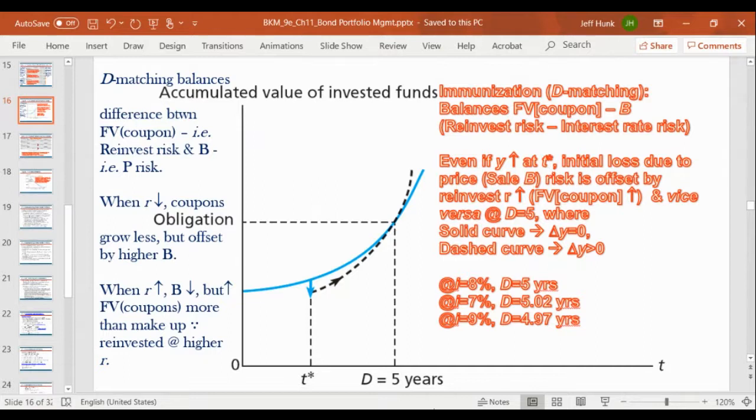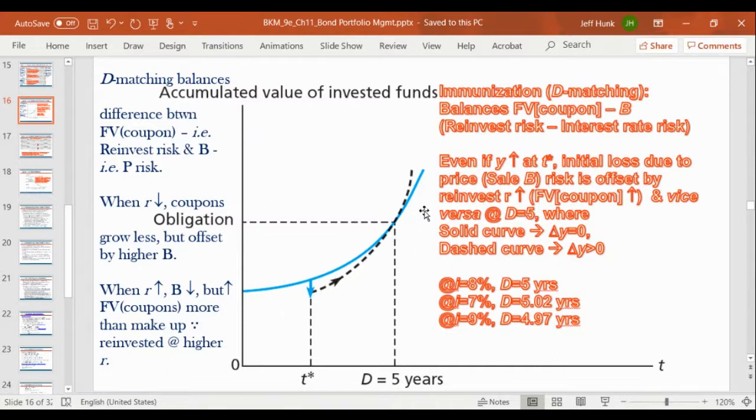So even if interest rate goes up, initial loss due to price risk is offset by reinvested return increase in coupons, right, and vice versa, and the same at duration, right, and in our example that is year 5.